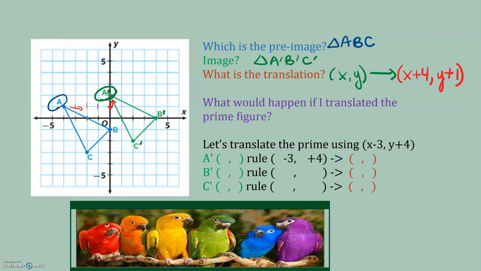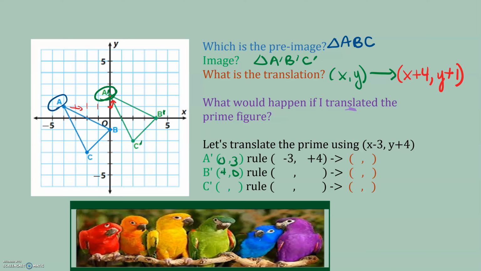My question becomes, what happens if I translate the prime figure? Wait. What that means is, what happens if I slide the translated figure to another place? Well, let's find out. Our A prime location is at 0, 3. Our B prime location is at 4, 0.